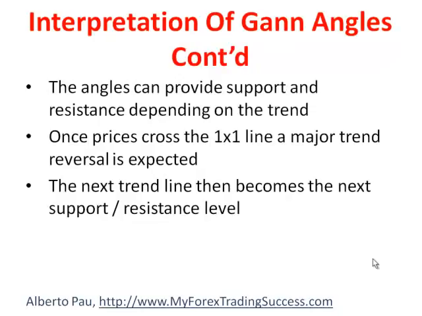So how do we interpret these Gann angles? We've had an overview before, and we start to understand how Gann angles provide support and resistance depending on which way around the trend is. It's worth noting, and this is a continuation of the last statement in the previous slide, that once we are crossing the 1 by 1 line, so let's say we go from below to above the 1 by 1 line, then we are expecting a major trend reversal.